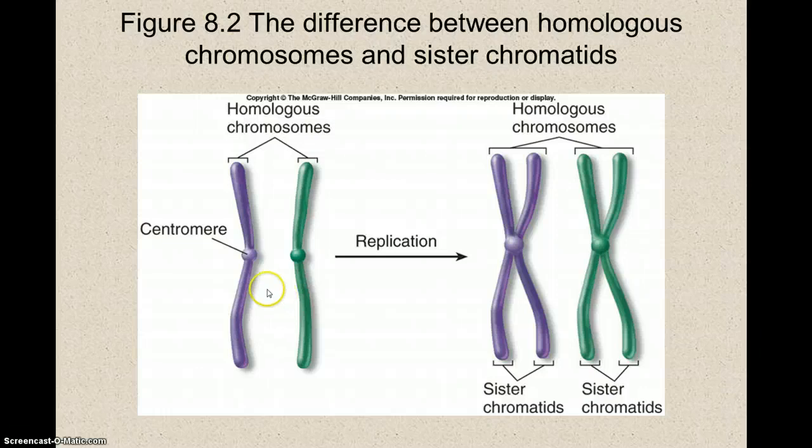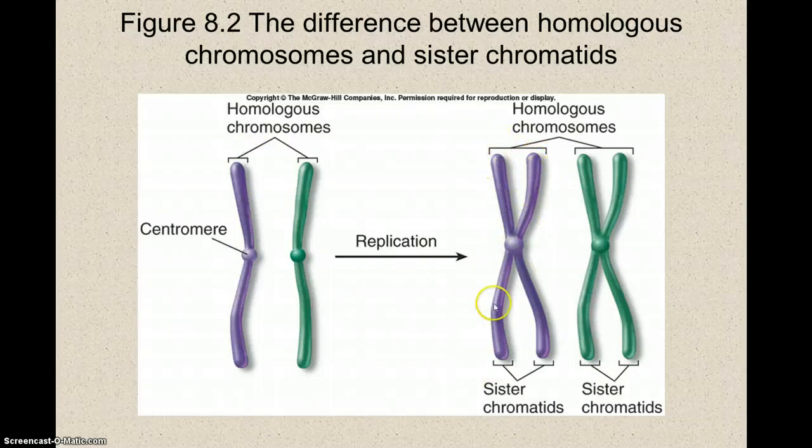There's a lot. In this case, the homologous chromosomes are the ones that are one from mom and one from dad. They produce a pair. When these replicate, we have sister chromatids.